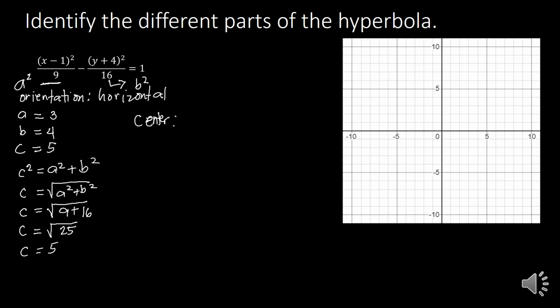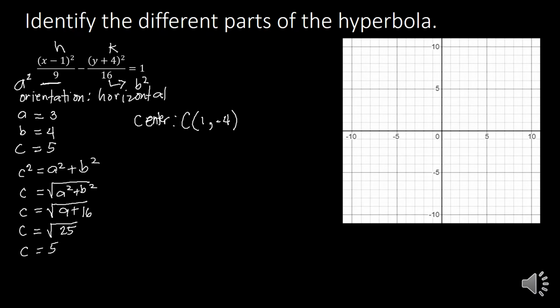The center is (h, k), wherein this is our h and this is our k. Since we have x - 1, our h is positive 1, and our y is with +4, so our k becomes -4. So this will be our center.